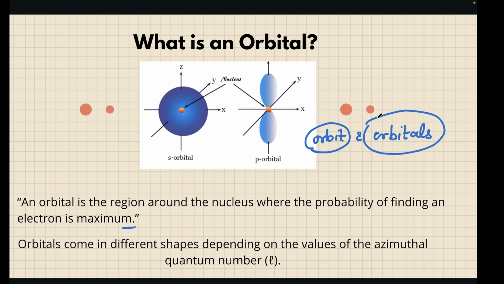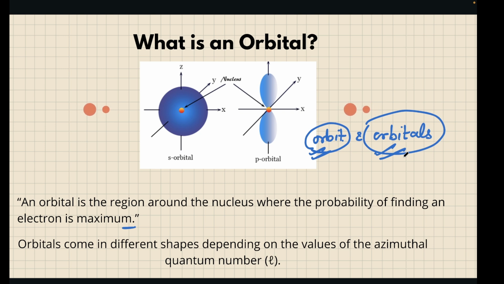So, an orbital is not a path, it is a region in space where the probability of finding an electron is maximum. So, the difference is simple. Orbit tells us a fixed path, which is an old idea according to Bohr's model. And orbital tells us the region of high probability of finding an electron, which is a modern idea of the quantum model.